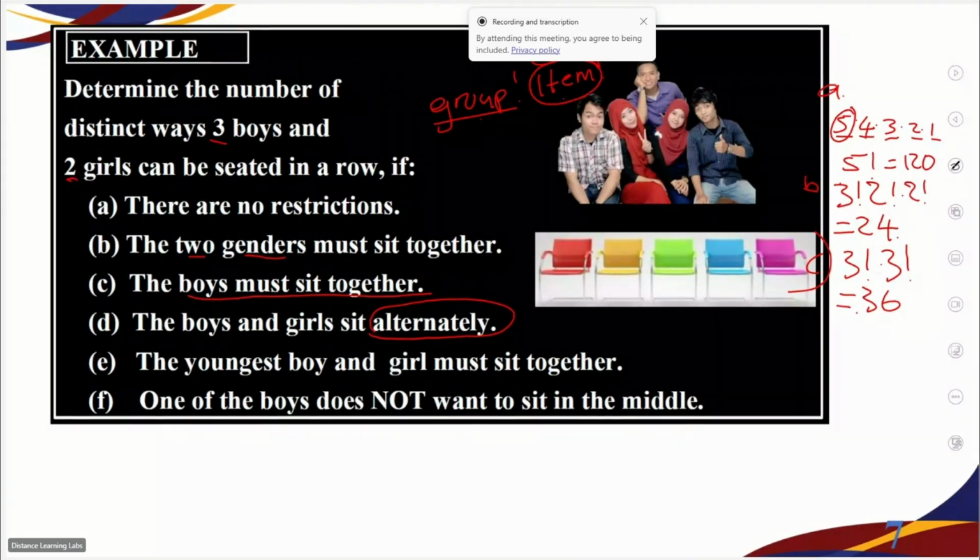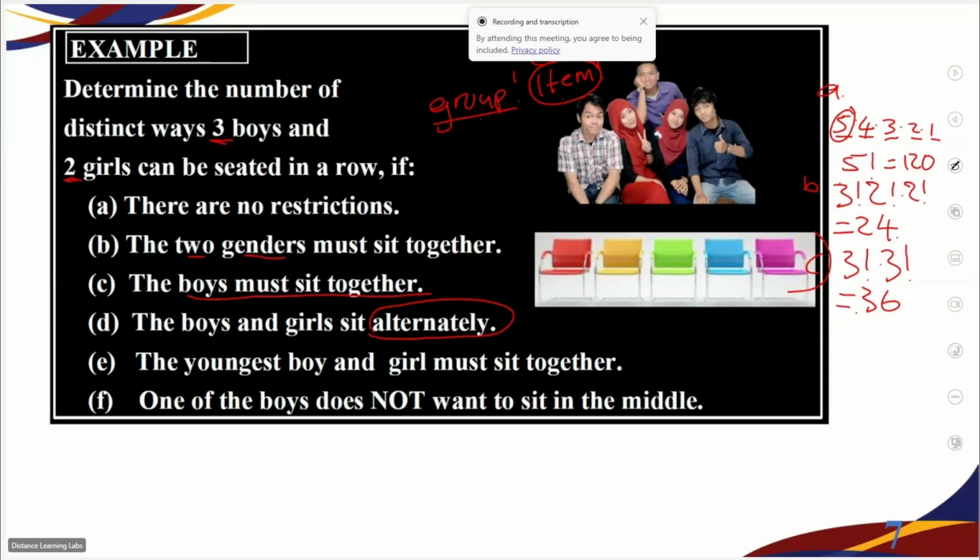If the total number of learners is an odd number, then they can alternate only in 1 way. But if the total number is an even number, for example 3 boys and 3 girls, therefore there are 6 learners, then for them to alternate, it would happen in 2 ways.